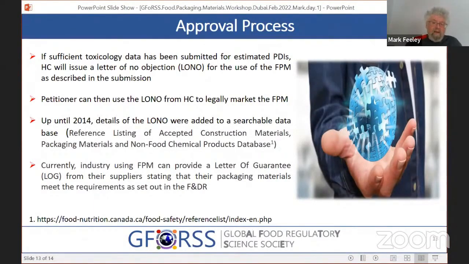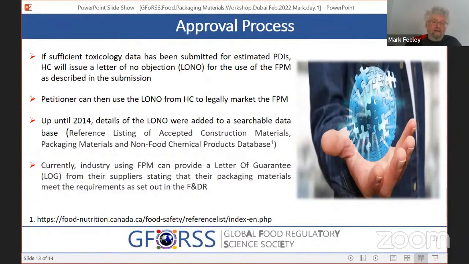This, once again, is the evolution of the regulation of food packaging materials. Currently, there's been a bit of a loosening of the requirements, in that an industry representative can simply provide a letter of guarantee, a sort of self-attestation, indicating that they have information to show that the packaging material they are attempting to market meets all the requirements of the food and drug regulations.